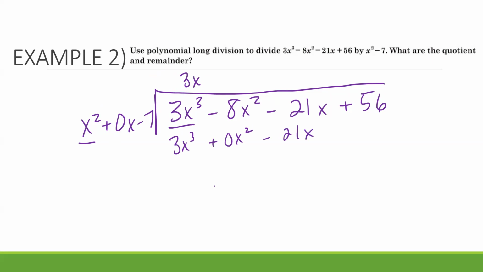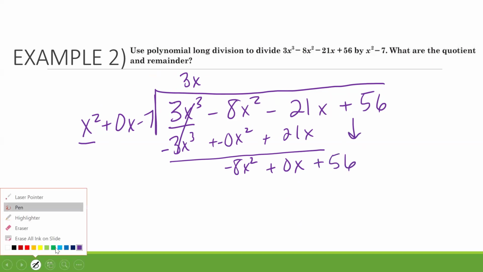Now we're going to subtract, which means we change signs and combine. Change, combine, change, combine, change, combine. And then the last step is to bring down.